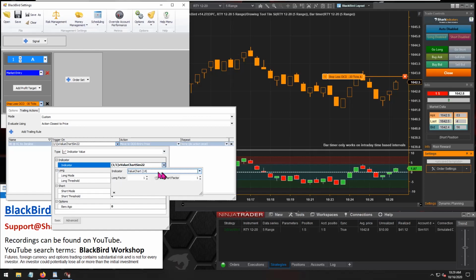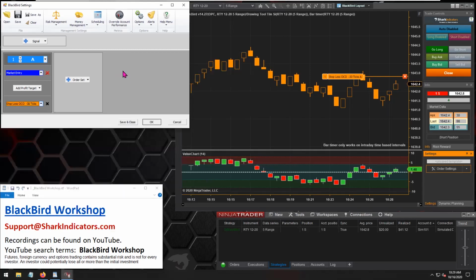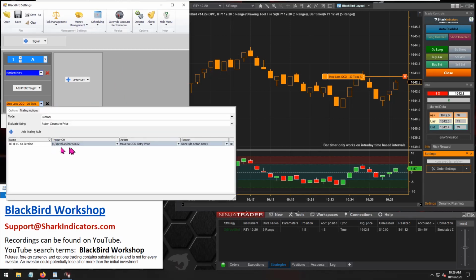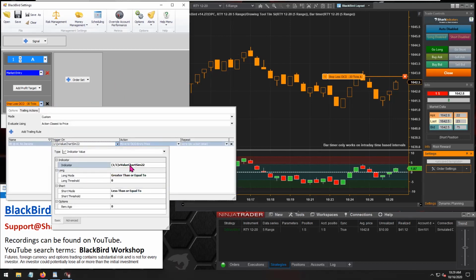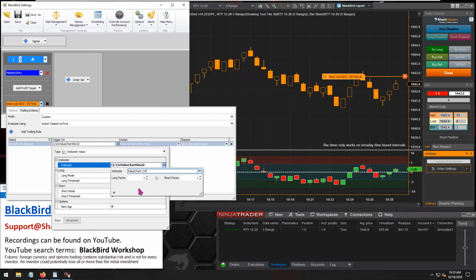The problem that I was having is when I had these two menus open, I was just clicking right off, out of it, and apparently that was causing the indicator to not be remembered. So just keep in mind, when you've got multiple menus popped open, close them out in sequence like this, and then everything will be just fine.